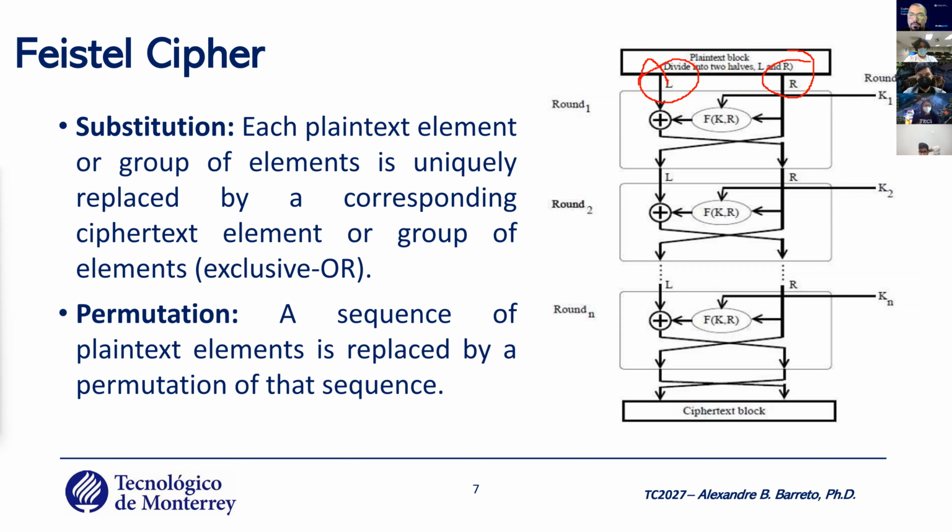Okay, so you have two operations. I will explain the first, the substitution. What is the substitution operation? Okay, you receive the key, and you apply it in one function. Which function? In this case, the exclusive OR function, okay?